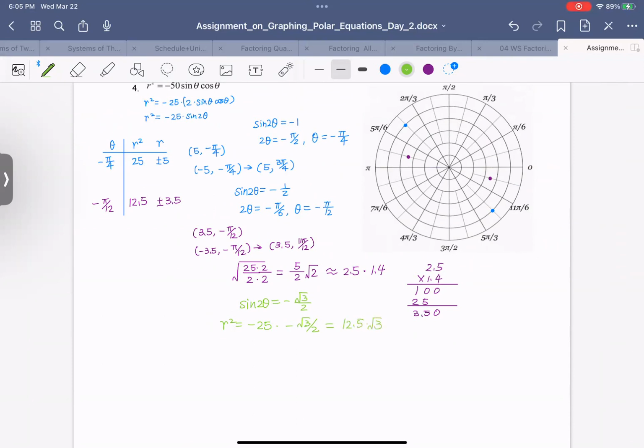So we still have to use a calculator to figure out the radius. So type in this and do the square root. So that gave me the r as plus or minus 4.65. You got the same? 4.65, yeah.